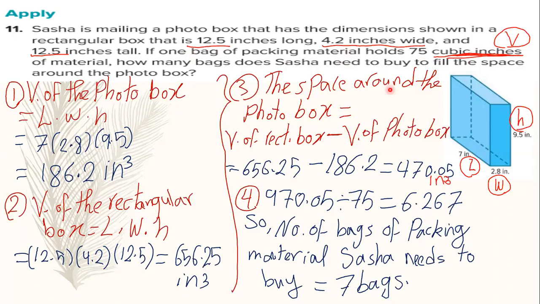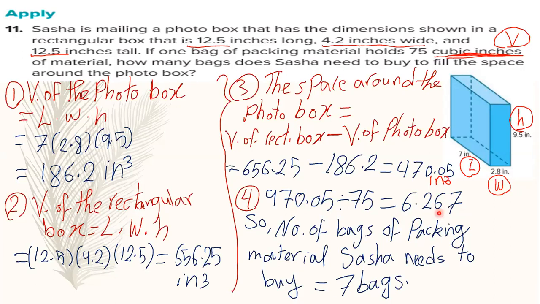So we need to divide the space by 75 cubic inches, which equals 6.267 bags. We divide the volume by the number of cubic inches to get the number of bags.